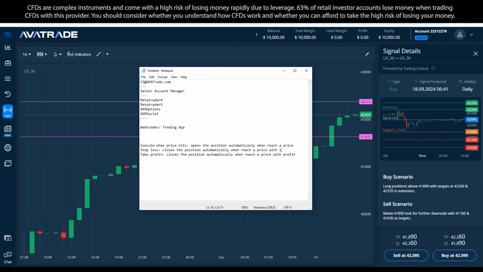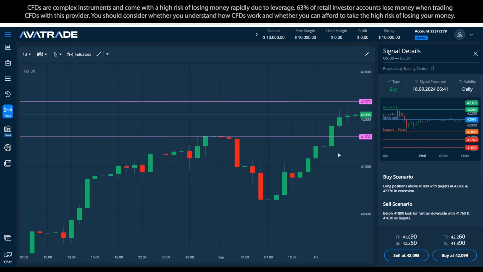In other words, without me doing anything, just by clicking here sell or buy, I'm already going to have the levels defined by the take profit and the stop loss automatically on my position.